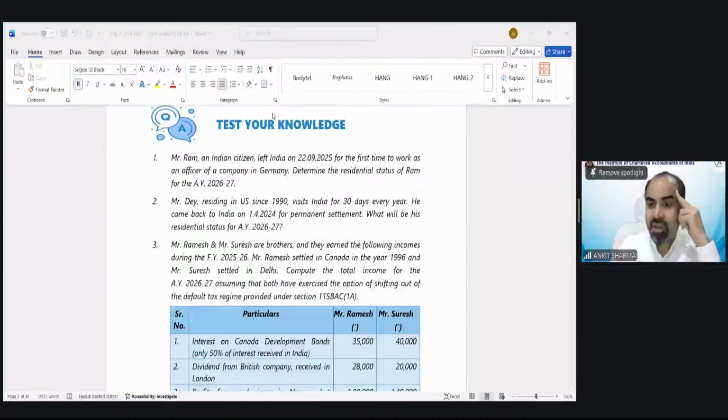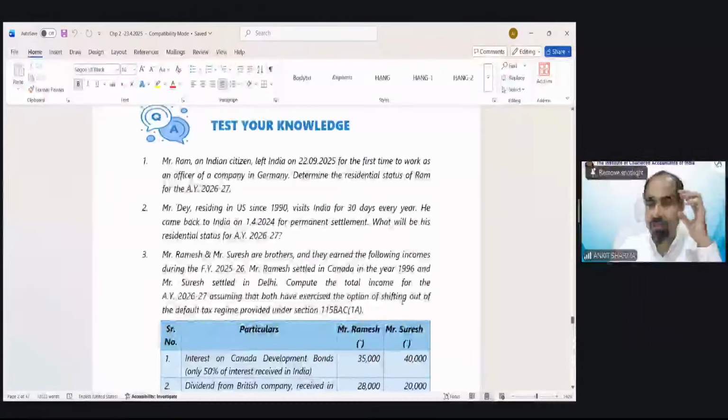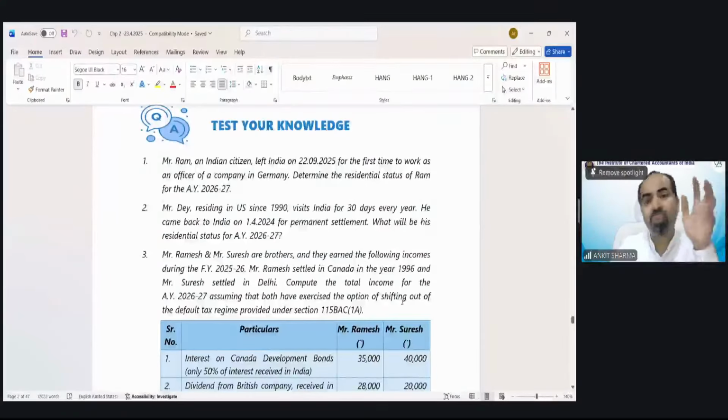Purnima is saying, sir, thanks for the charts you have given us in the notes. That is very helpful. Yes, it takes a lot of my time to prepare those charts. And charts actually give a very clear picture and remove a lot of confusion, because when you see all the provisions together on a single paper, a lot of things are interconnected and you can understand how it is.